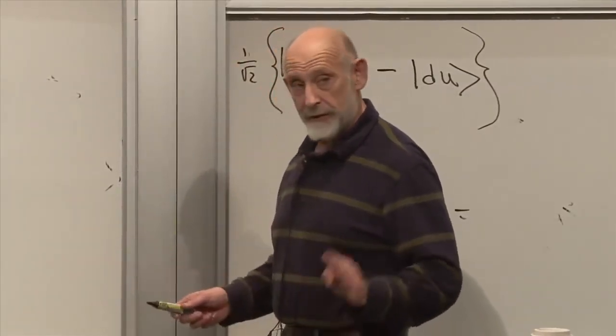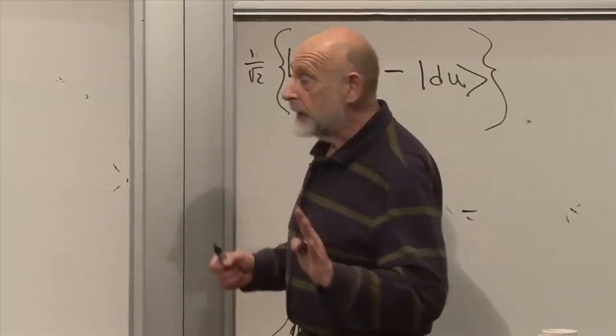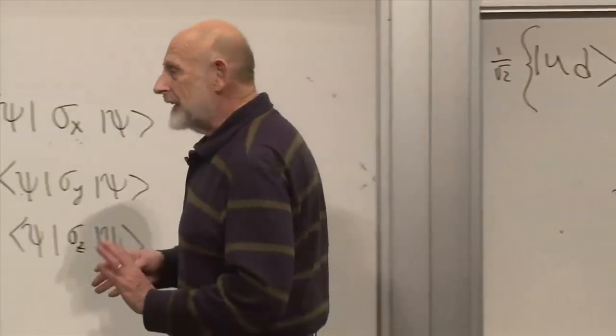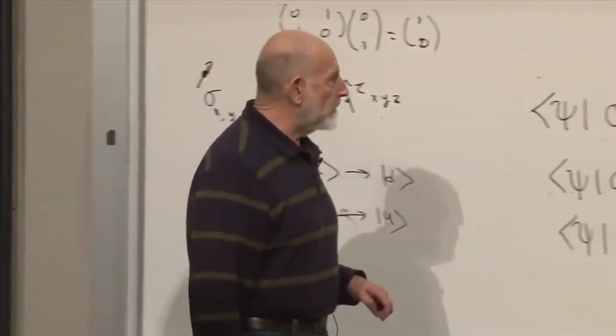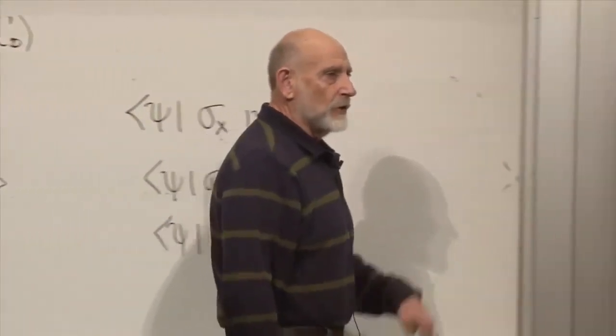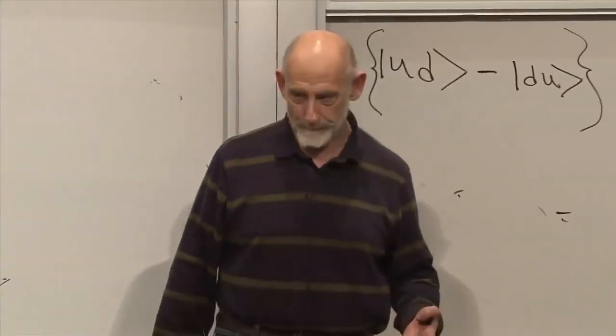Given any psi, this is what I told you in the very beginning of the lecture, given any state, there is some linear combination of sigmas which is definitely equal to +1.